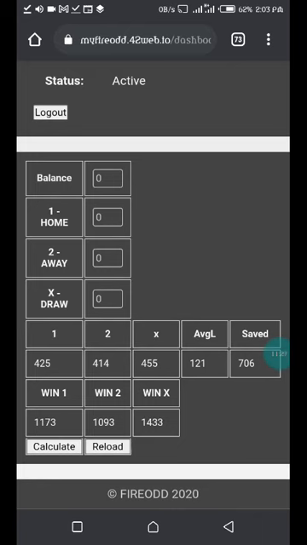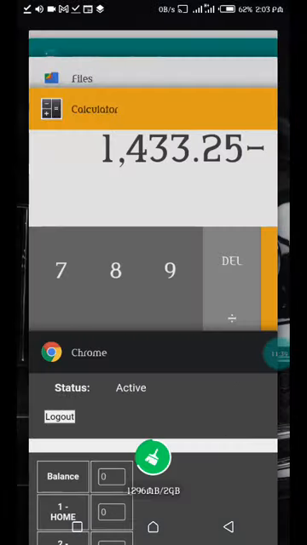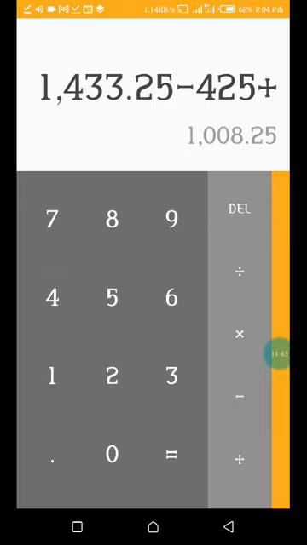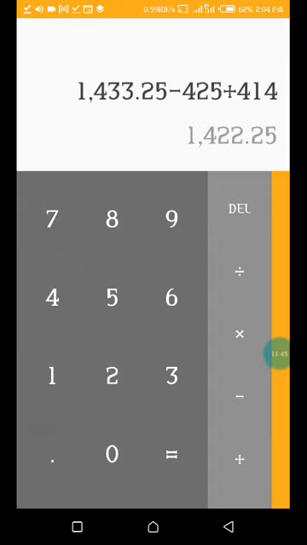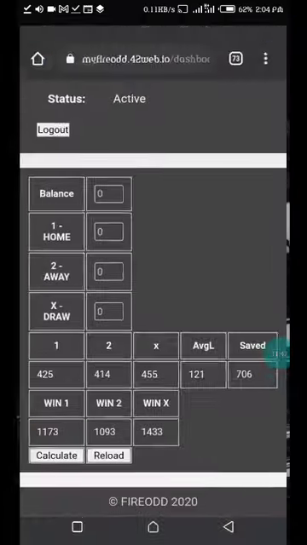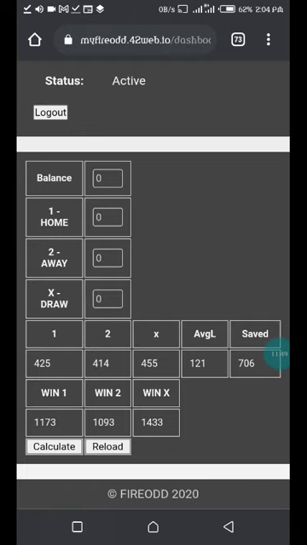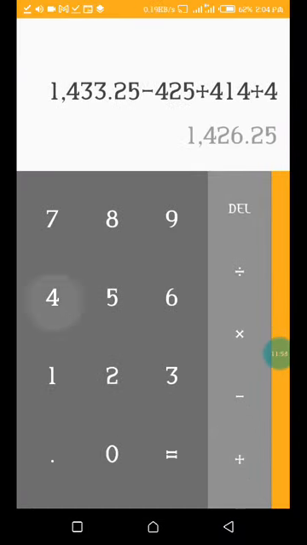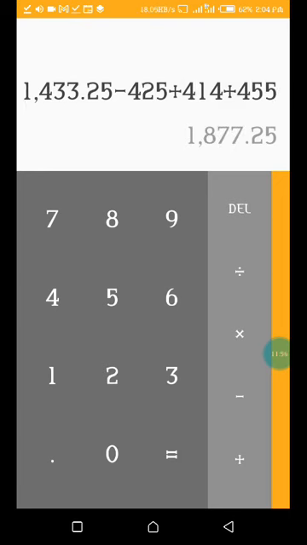So the total value you're going to be risking is you add up the home, the away, and the draw, the total amount staked. So for the home we have 425 plus 414 if I'm correct, and 455.